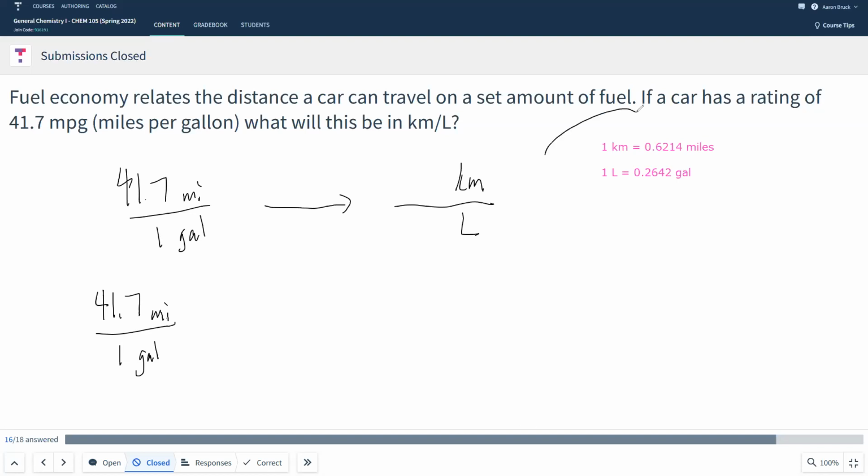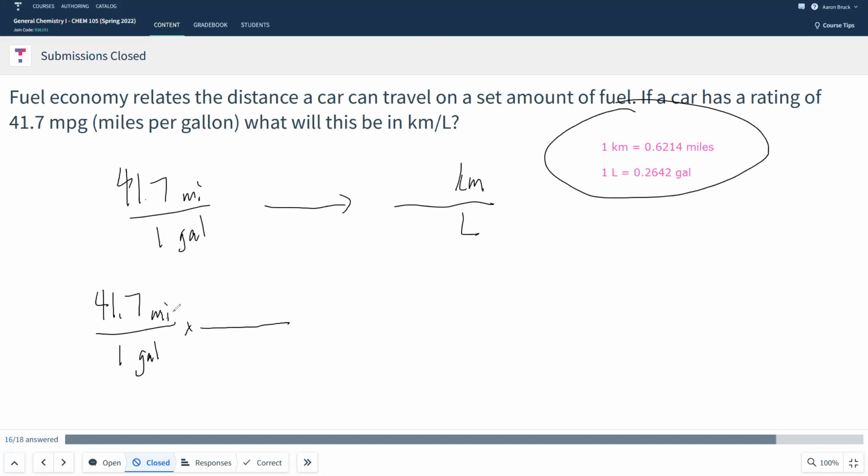Now, using these two conversion factors, we need to convert the miles into kilometers and the gallons into liters. The order in which we do them doesn't matter because, again, we're multiplying and dividing anyway. So whether we multiply by one thing first or second, it really doesn't make a difference. But we'll just go in order here.